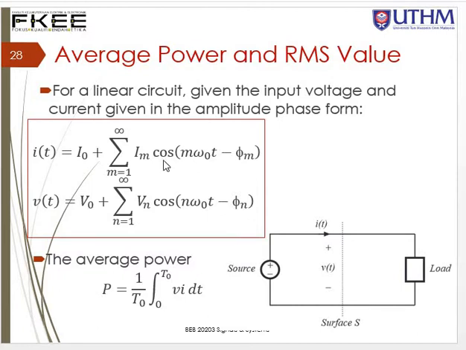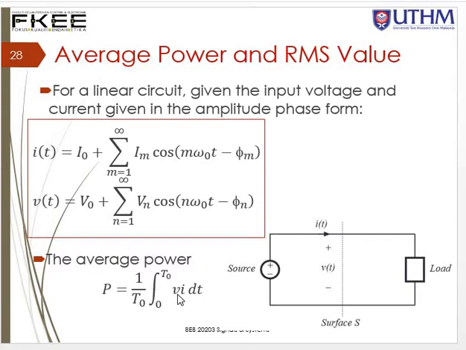In general, the instantaneous power is p(t) equals v(t) i(t), so it means P equals VI. The average power is P equals 1 over T naught times the integration from 0 to T naught of v(t) i(t).